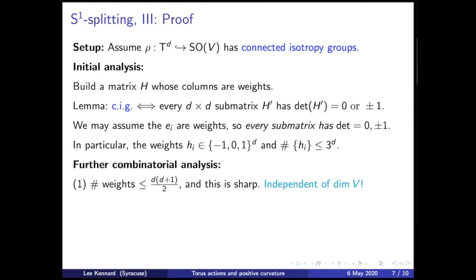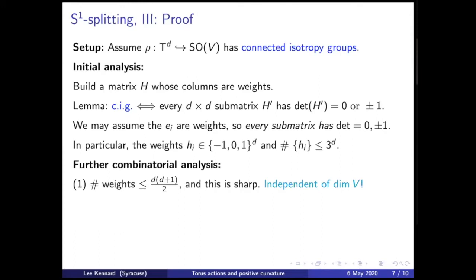If you analyze this further, we prove that in fact you can improve this upper bound to this number. You might recognize this as D plus D choose 2. That's precisely the number of representations you have in the example on the previous slide.